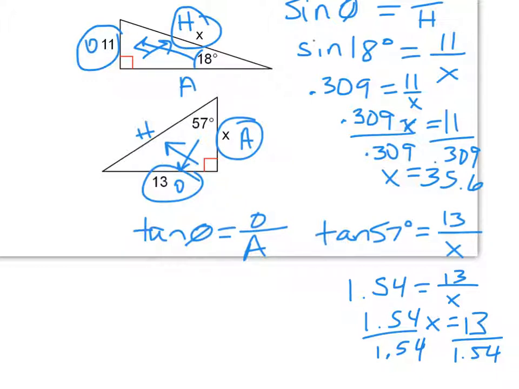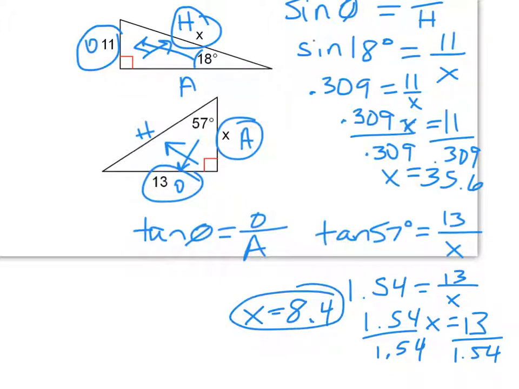Helps if I can type in a calculator, which is questionable today. By the way, hopefully you see why you need to have a scientific calculator at this point. And to one decimal place is going to be 8.4. So that was solving for a side.